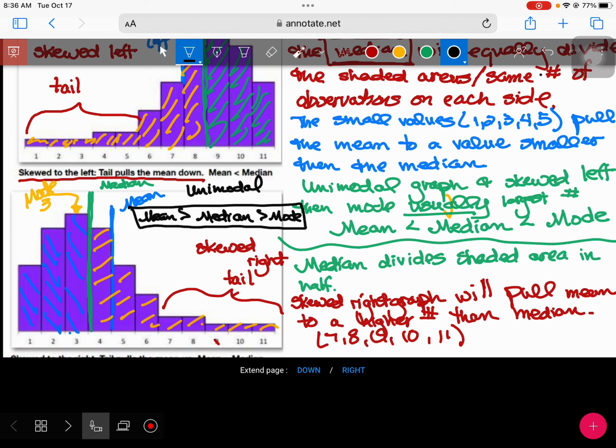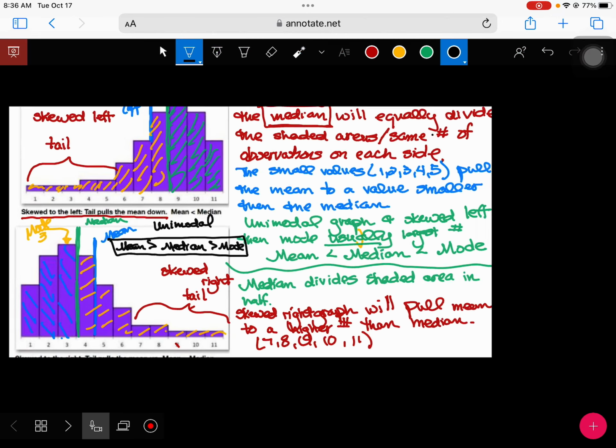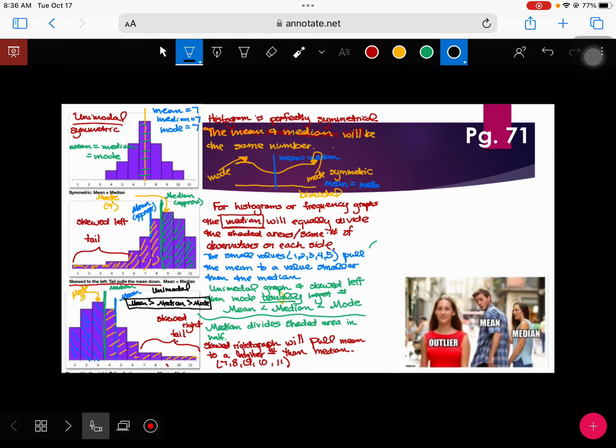So the mean is bigger than your median, which is probably bigger than your mode. Okay? So yes, you are going to have to know these. Any questions on that for right now? That's a lot. All right, let's go to the next page.